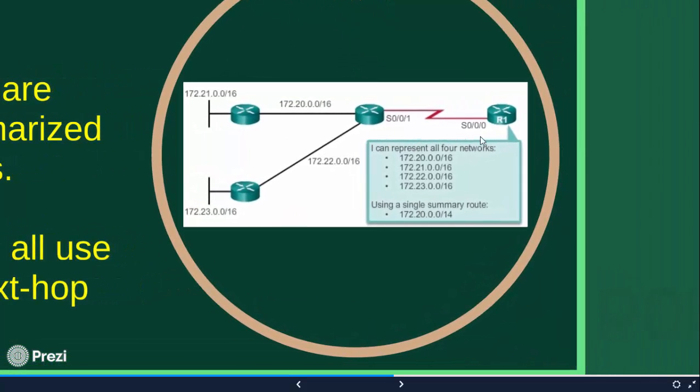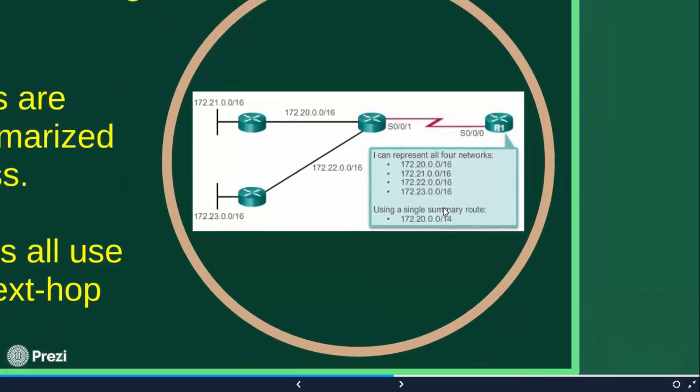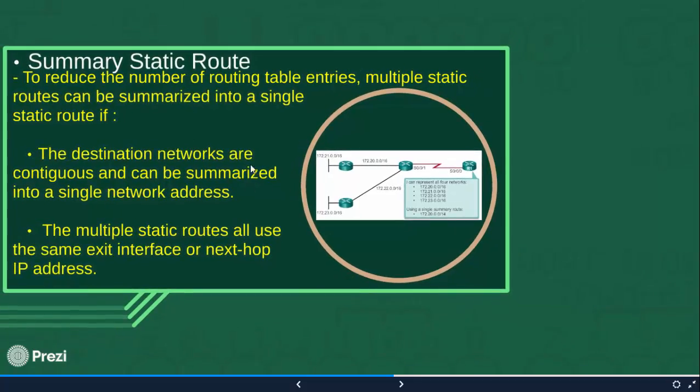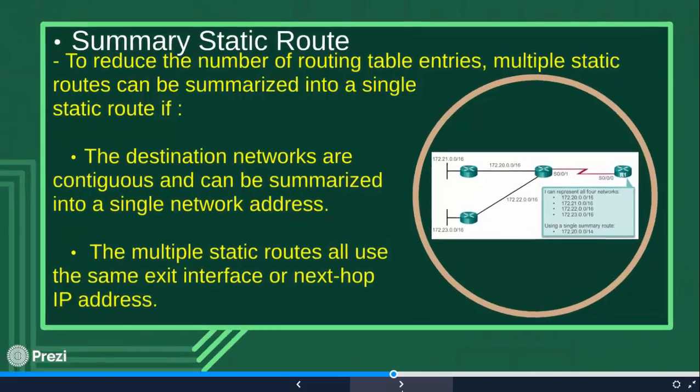According to this, R1 can represent all four networks, 172.20, using a single summary route. So this is the single summary route, which uses 172.20.0.0/14. That's a summary static route.